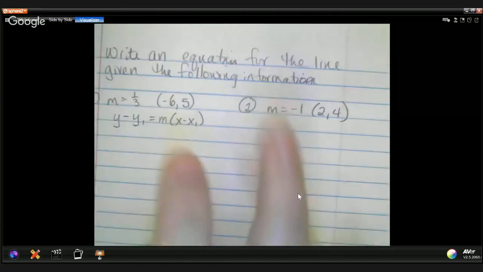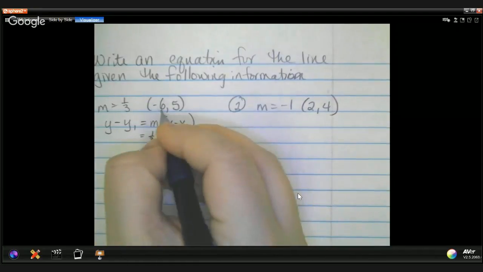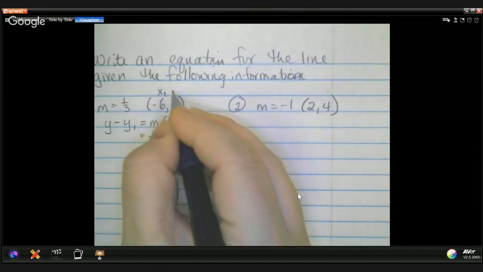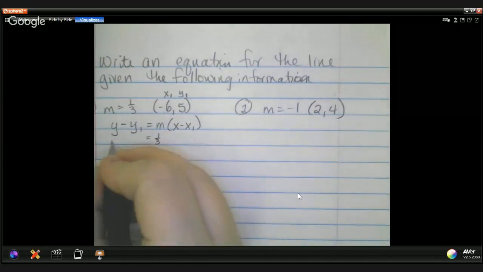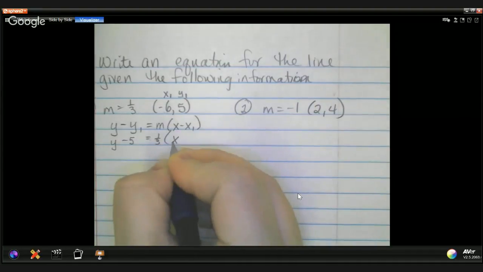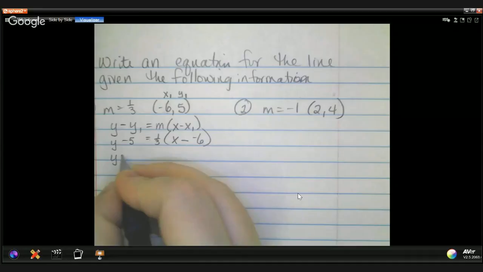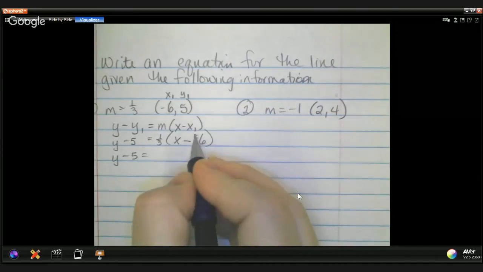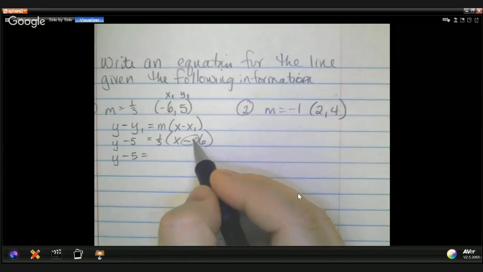So my m is 1/3. My x1 is 6, and my y1 is 5. My x1 is actually -6. So it's y minus 5 equals 1/3 times x minus -6. So I get y minus 5 equals, I'm going to do this as one step, a negative minus a negative becomes positive.